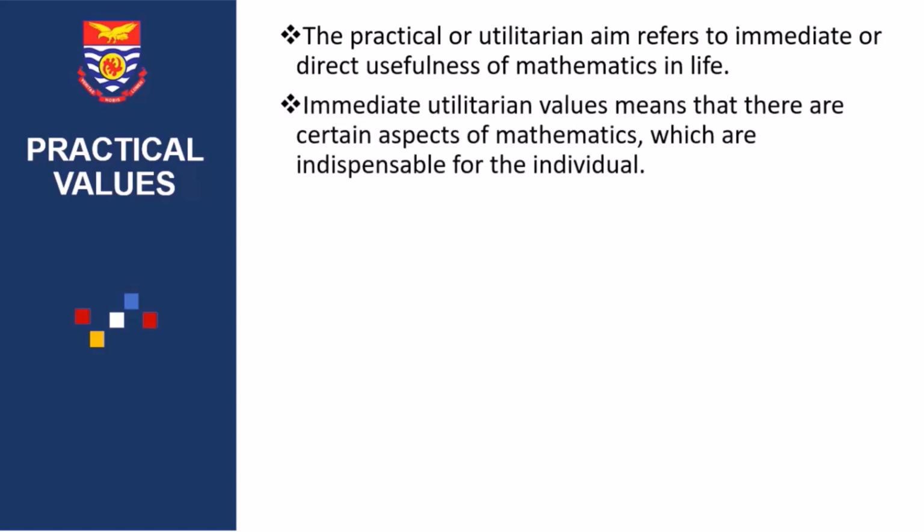Immediate or utilitarian values means that there are certain aspects of mathematics which are indispensable for the individual, which the individual needs immediately and which are very useful for his or her life.